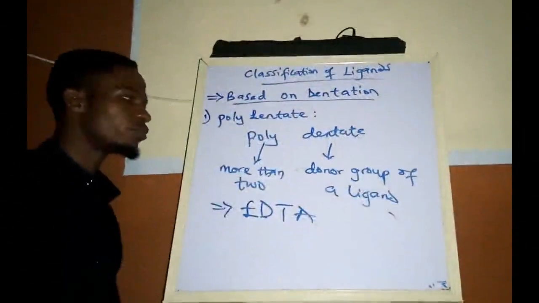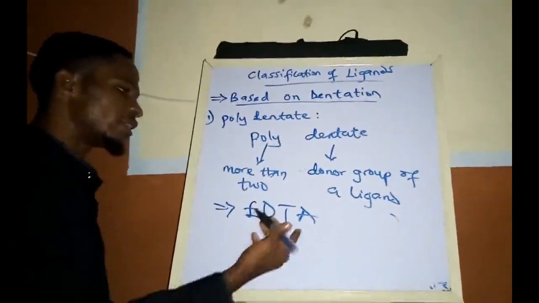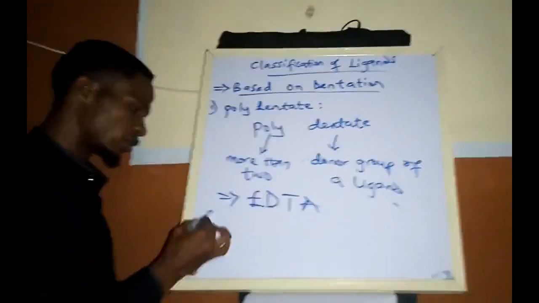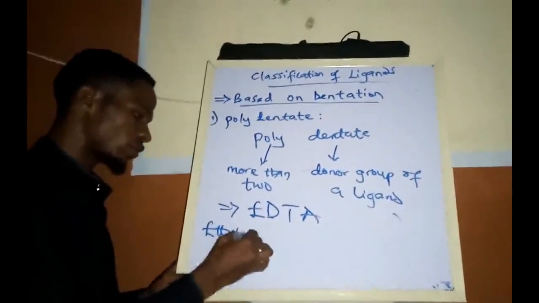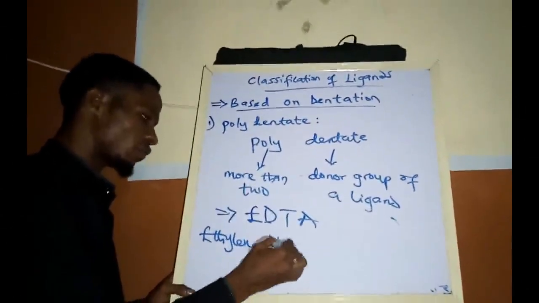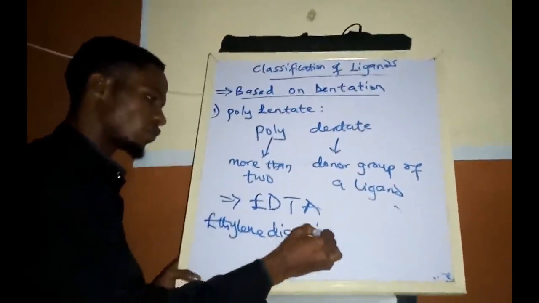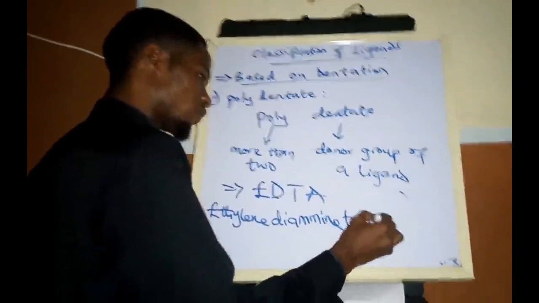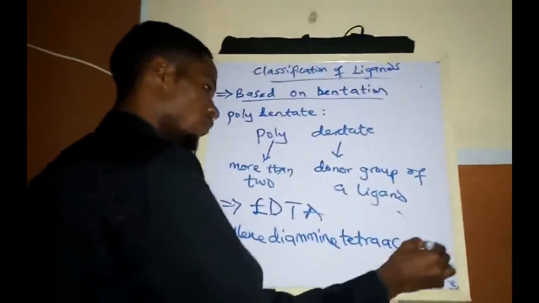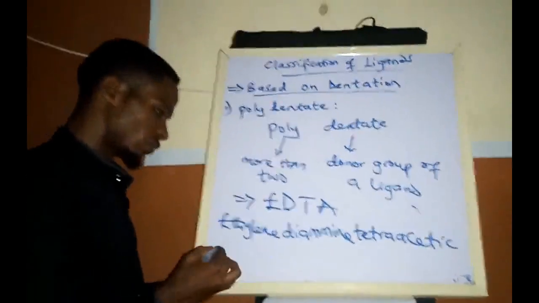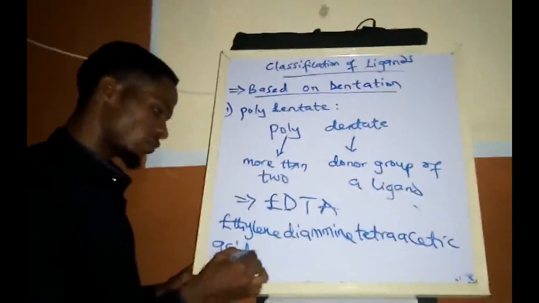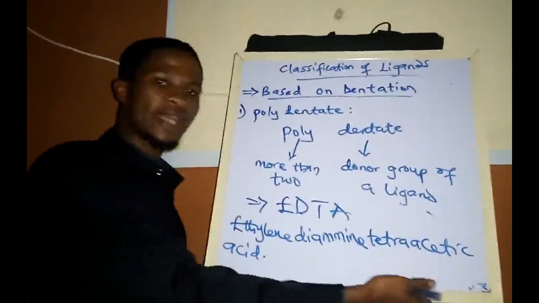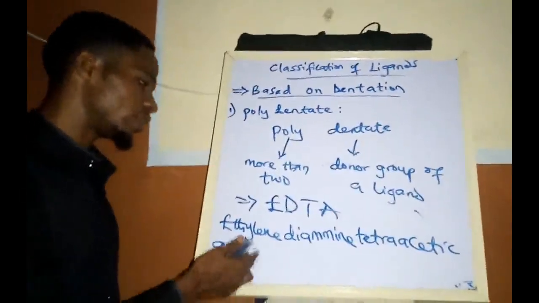Another example of polydentate is EDTA, which is known as ethylene diamine tetraacetic acid.